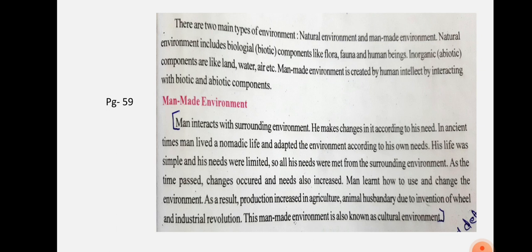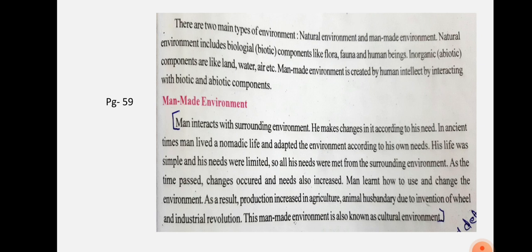In the same way, as many revolutions came, human beings started using things from the environment and making it suitable for their living. As a result, production increased in agriculture and animal husbandry due to invention of the wheel and the industrial revolution. Now slowly what happened? Humans started increasing agriculture, animal rearing, made wheels and had many industrial revolutions. This man-made environment is also known as cultural environment.